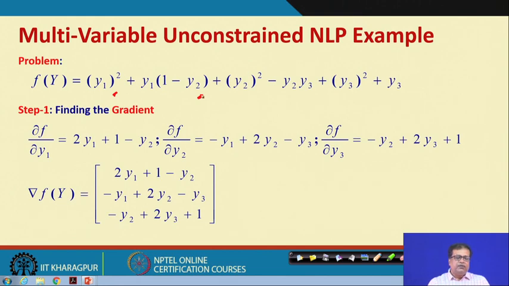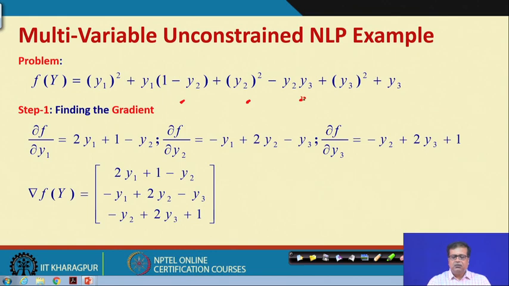In the first term, what you get is 2 y1, and in the second term 1 - y2. So, that is del f by del y1. For del y2, again, which terms will be useful? The second term, the third term, and the fourth term.